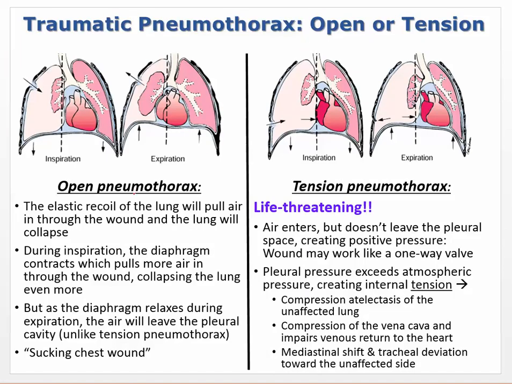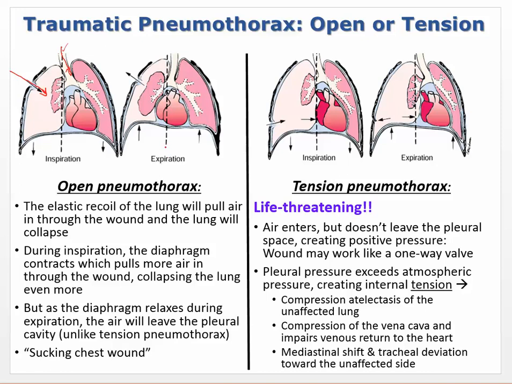So if we think about an opening, open, this is the thing to remember. The difference is with an open pneumothorax, it's open. Air is going in during inspiration, and it's going out during expiration. As your diaphragm pulls down on your thoracic cavity, it's going to pull air not just in from your trachea, it's also going to pull it in from the outside because now there's a hole there.